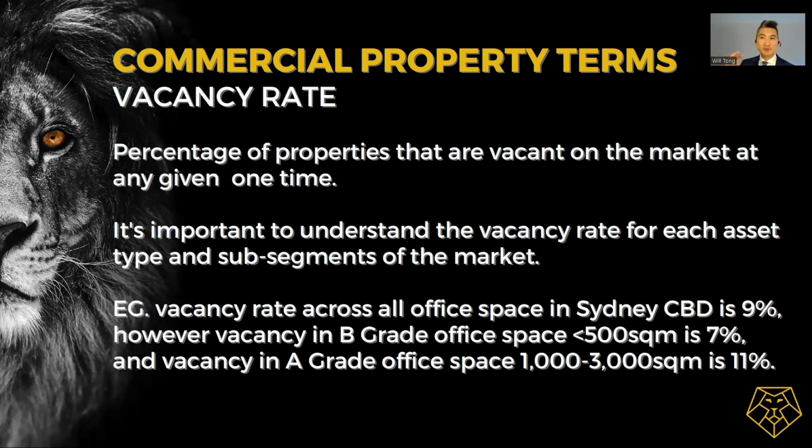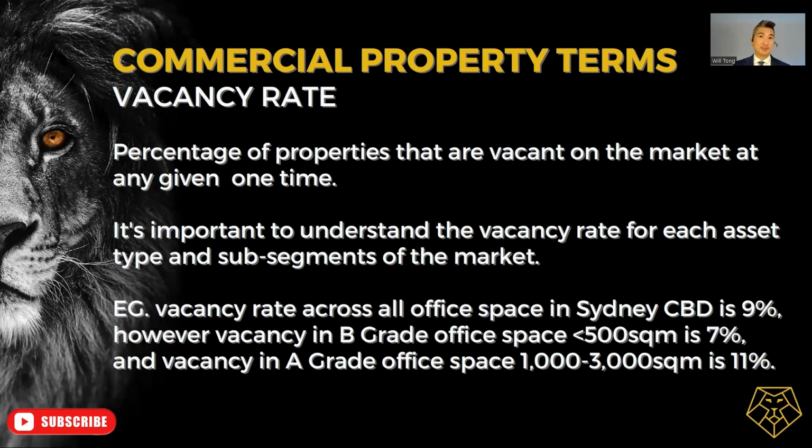However, if you are looking at a specific sub-segment of the office space in Sydney CBD, you may find that the vacancy rate in B-grade offices that are under 500 square meters is 7%. Okay, or perhaps if you're looking at vacancy rates in A-grade office space between 1,000 and 3,000 square meters, it's 11%.